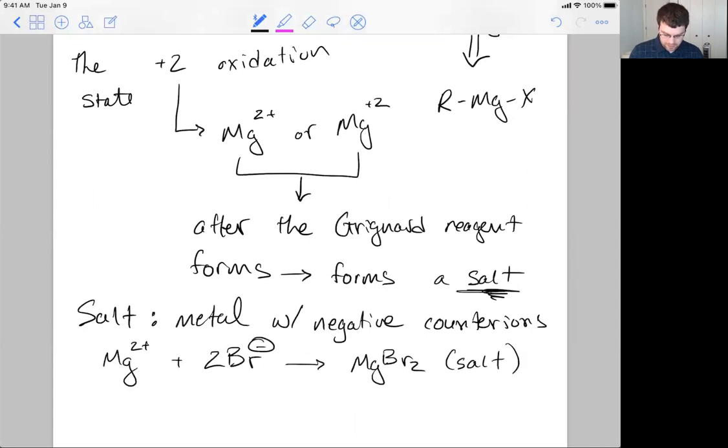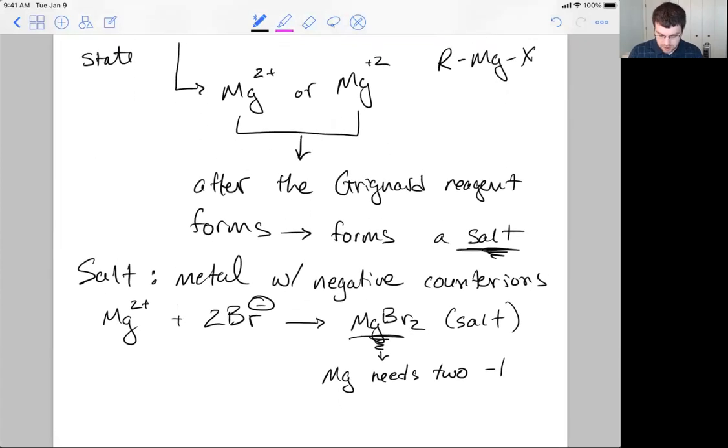What we could also have now, and what I'm getting at, is magnesium likes to be bonded to 2 -1 groups, and that should make sense because it is in the +2 oxidation state.